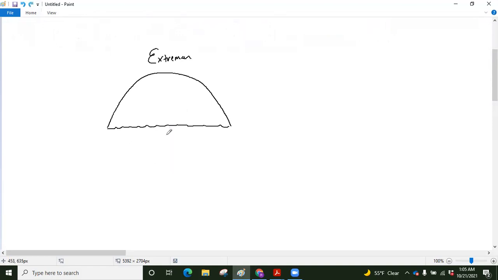The basic idea is that when someone says extrema, they could be referring to a whole host of things. They could be referring to absolute extrema, or they could be referring to local extrema.